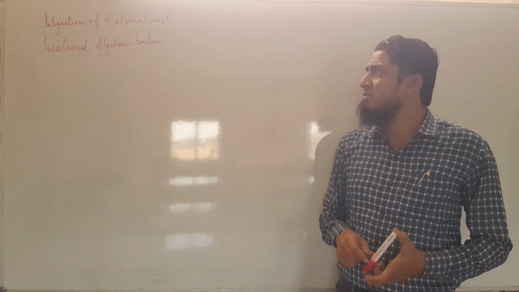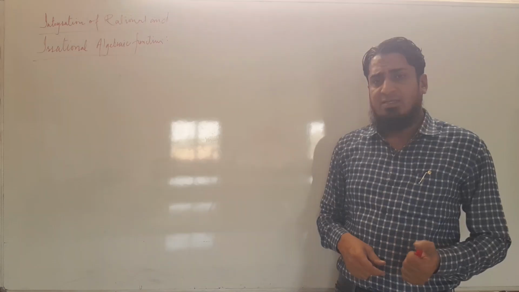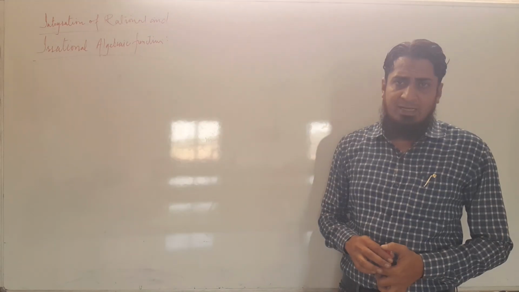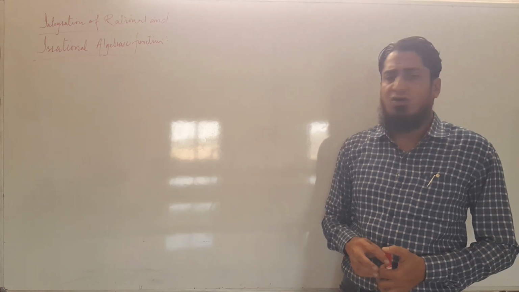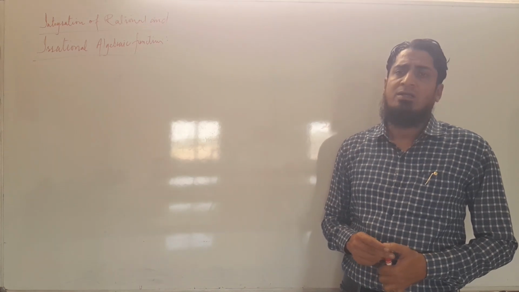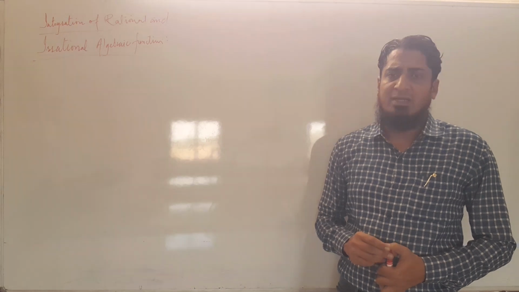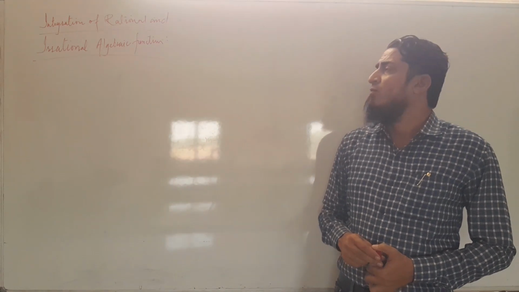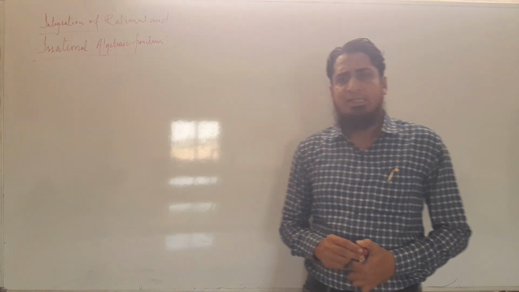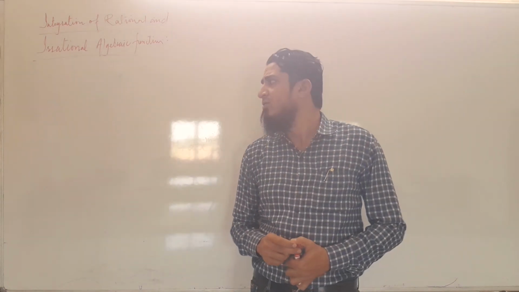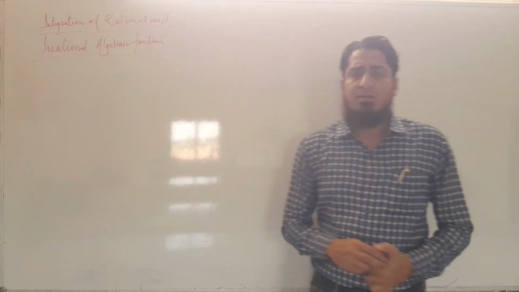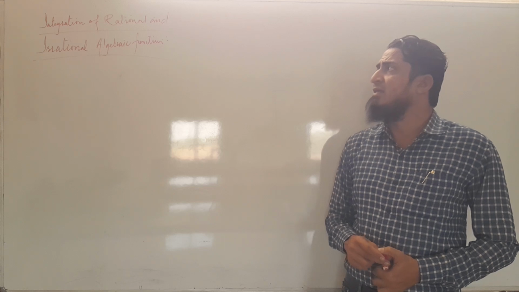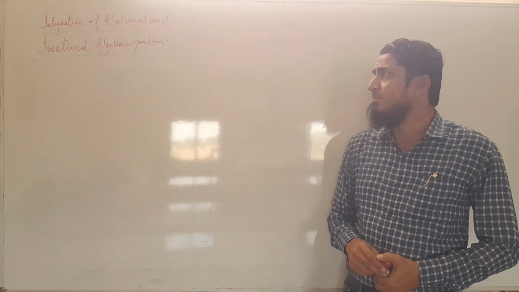The two cases are: either the degree of the numerator is lesser than the degree of the denominator, or the degree of the numerator is greater than the degree of the denominator. When the degree of the numerator is lesser than the degree of the denominator, we can directly find the integration of that function.